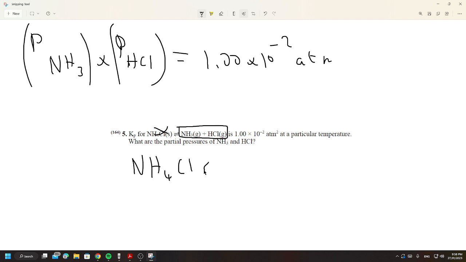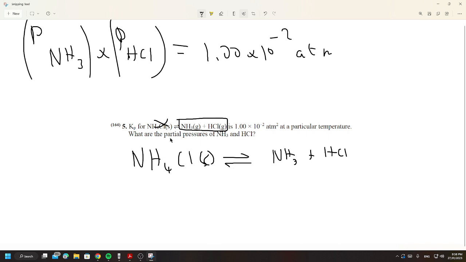NH4Cl(s) to give NH3 plus HCl. So here, we don't even consider solids, and we aren't even given a pressure value for the solid.